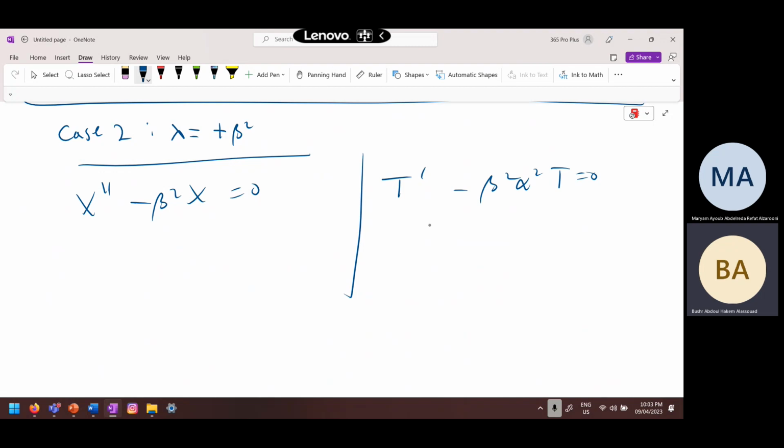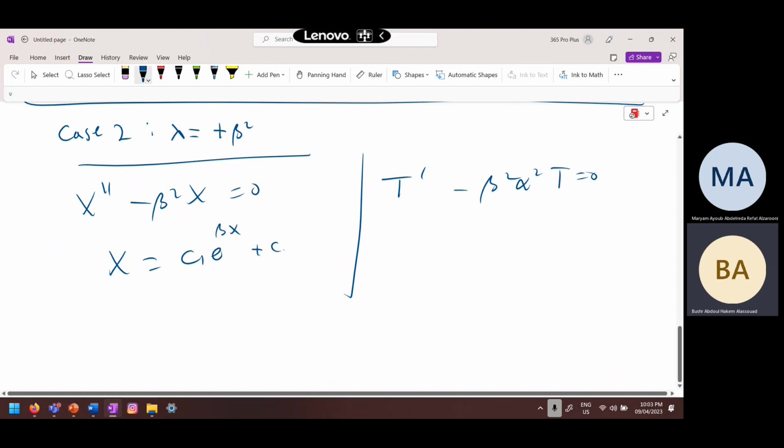Now, you need to use your formula sheet or use my method. You can use any of them. The formula sheet might be easier in some cases. Just try to understand my method just in case. Okay? So you get X is equal to C1 e to the power beta x plus C2 e to the power negative beta x. As for T, it's equal to C3 e to the power beta square alpha square t.